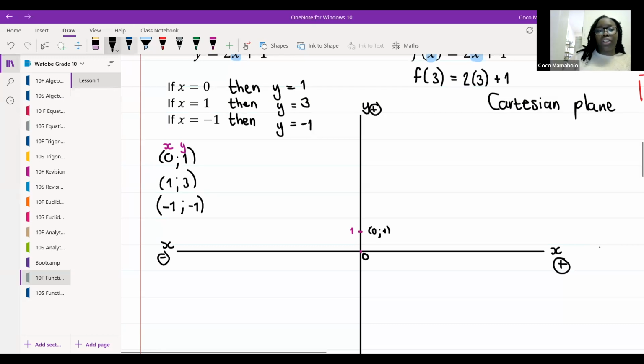Right. I'm going to ask you guys in terms of this next one. This is x and y. If my x value is 1, and I'm going to put it over here, what is my y value? If my x value is 1, what is my y value going to be?